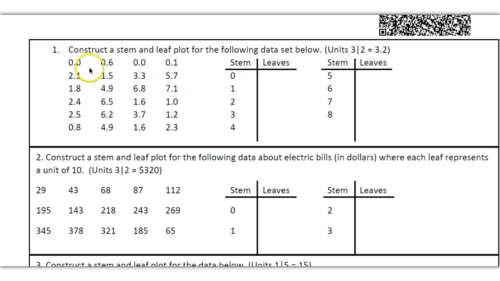Well, the stem part would be the first part of your data. That would be a 0 here. This would be a 2, a 1, a 2, a 2, a 0. And then developing some sort of leaf, which is the second part, so that when you looked at it, the 3 would be this 3. And then if you had a 2 there, that would refer to the item of data 3.2.